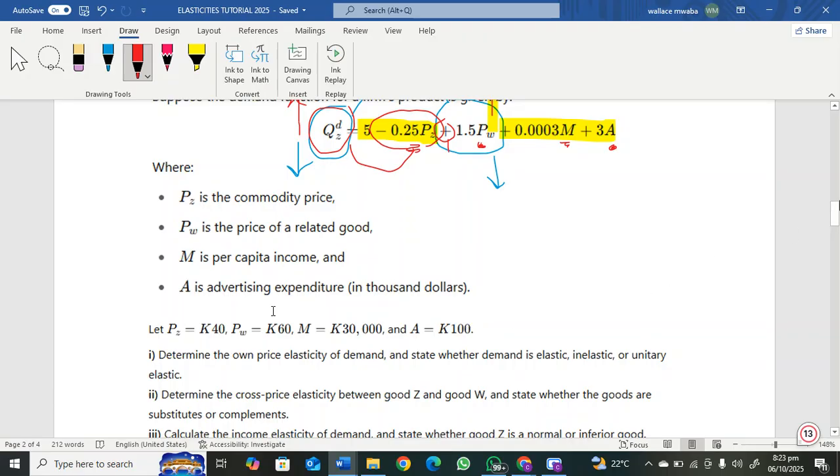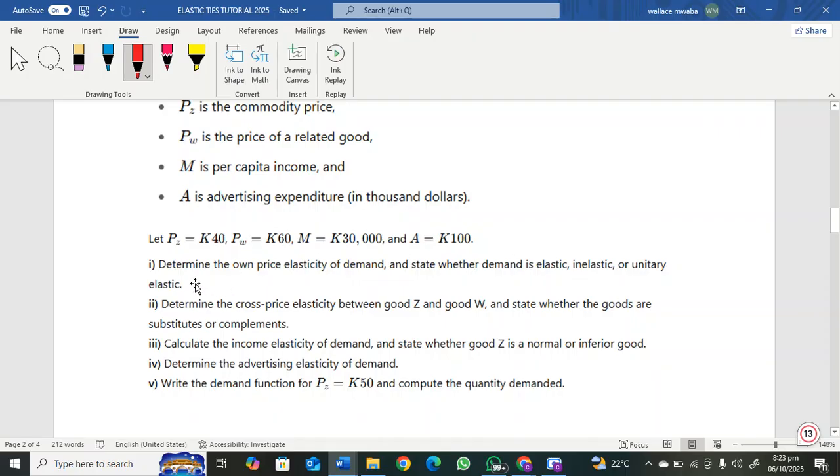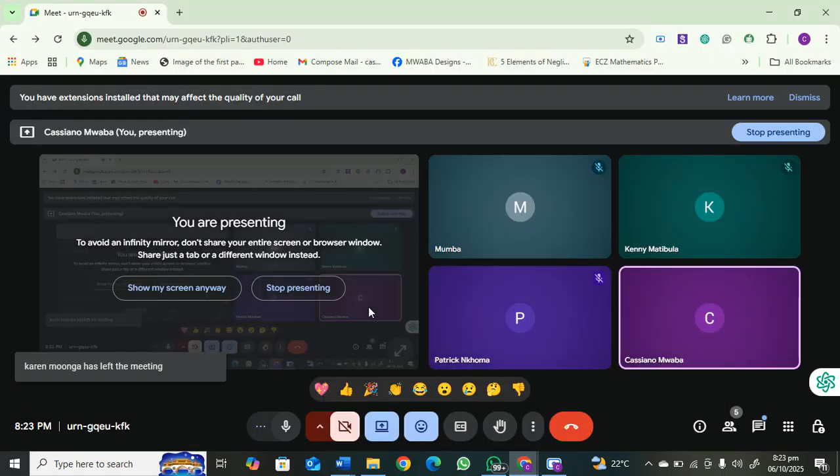The question asks us to determine the price elasticity of demand and state whether demand is elastic, inelastic, or unitary elastic. Price elasticity of demand, remember colleagues, is how quantity demanded responds to changes in price.